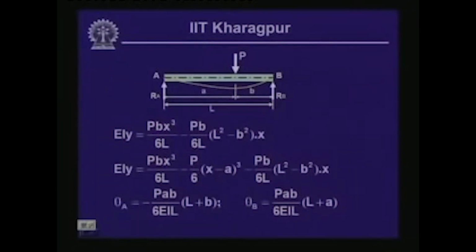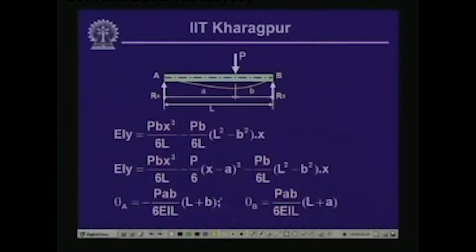Now, let us look into this particular aspect of the beam. We have evaluated the deflection for segment 1 as EIy equals Pbx cube by 6L minus Pb by 6L into (L square minus b square) into x, and for segment 2, EIy equals Pbx cube by 6L minus P by 6 into (x minus a) cube minus Pb by 6L into (L square minus b square) into x.